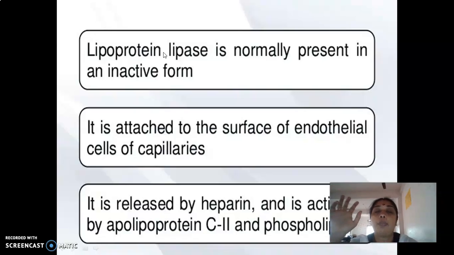While lipoprotein lipase is present on the walls of the blood vessels. So on the blood vessels, whenever there is an emergency, what happens? These lipoprotein lipases will be acted upon by heparin.